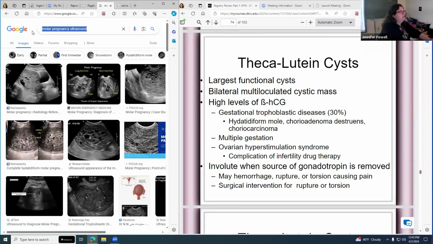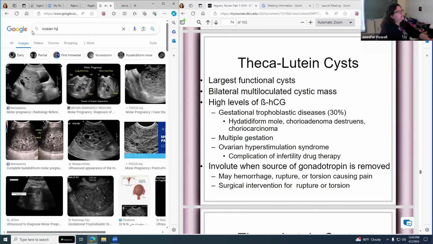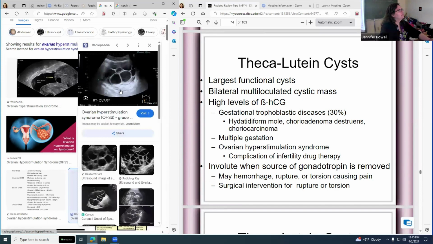Have you ever seen that in the clinic? I have, and it is interesting. Like really, really large follicles like that and large ovaries.